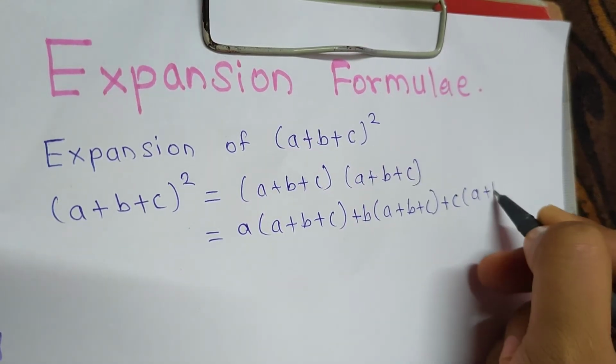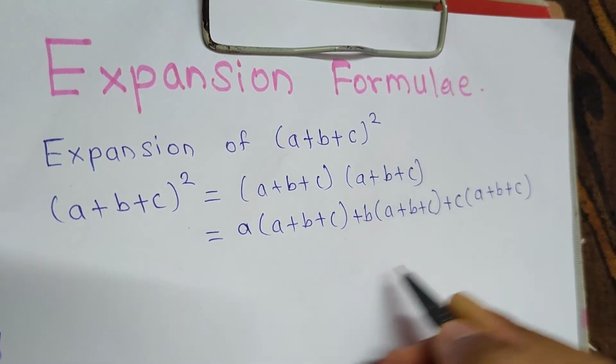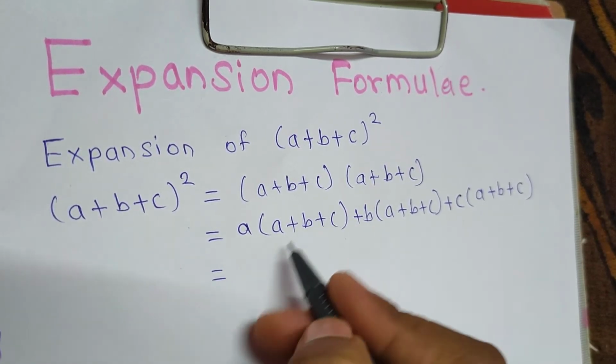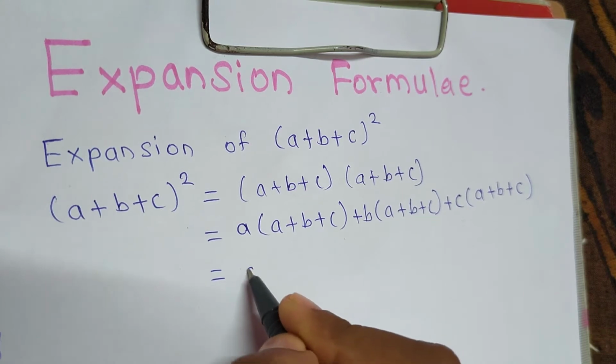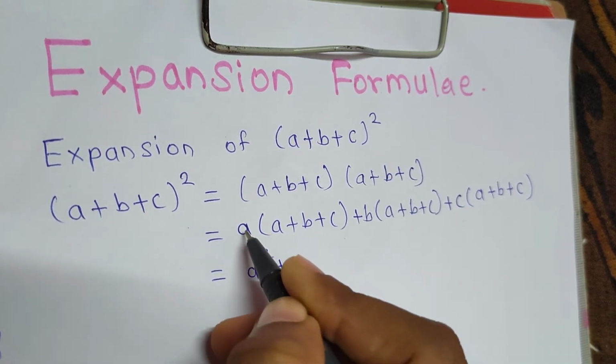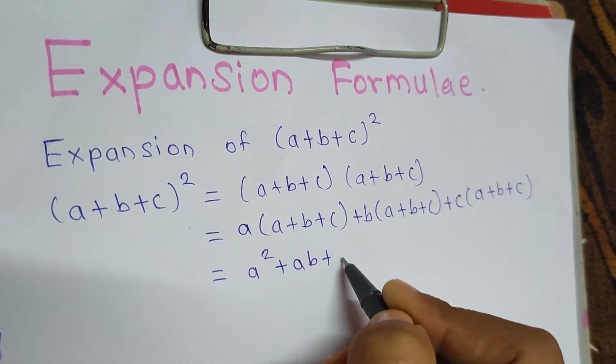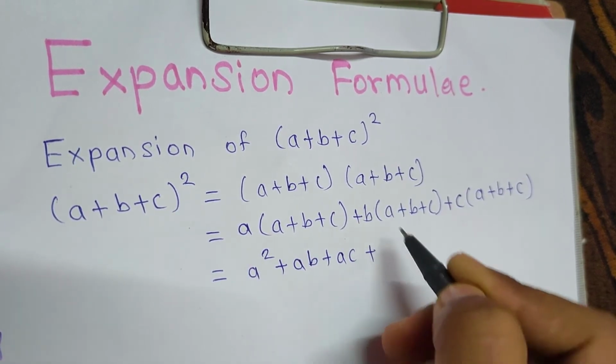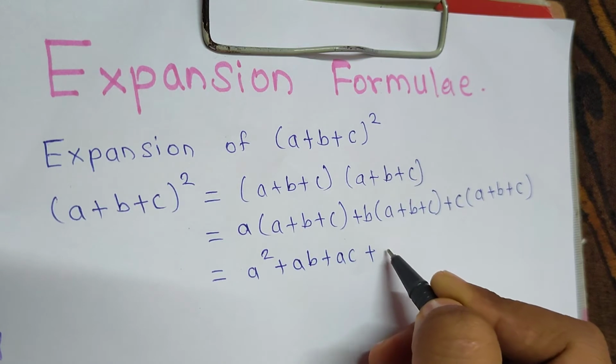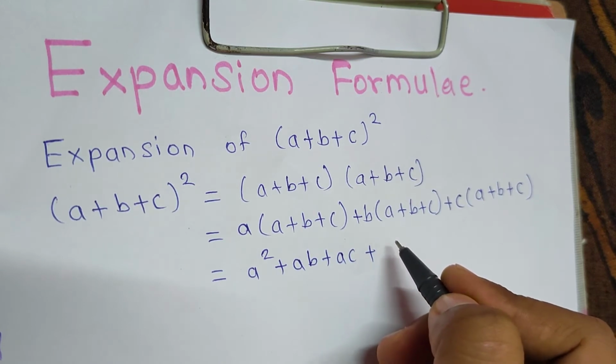(a + b + c) is equal to, a into a will give you a square, plus a into b is ab, plus a into c, ac, plus b into a becomes ba also, or ab also.